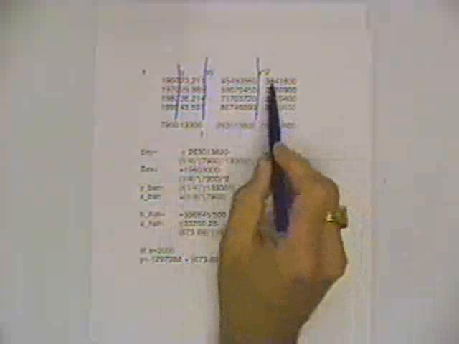Then you calculate the product of X times Y, list those, and sum them up. You also calculate the square of X and sum it up. So then you have the values of X, Y, the product X times Y, the square of X, and the sum of X, the sum of Y, the sum of X times Y, and the sum of X squared.